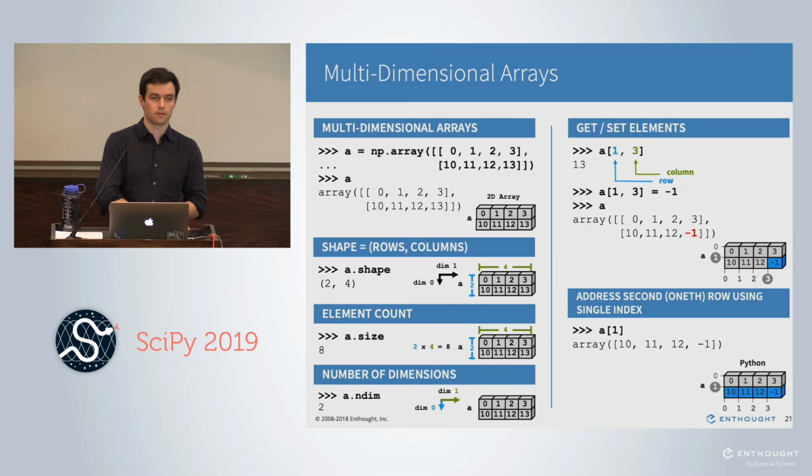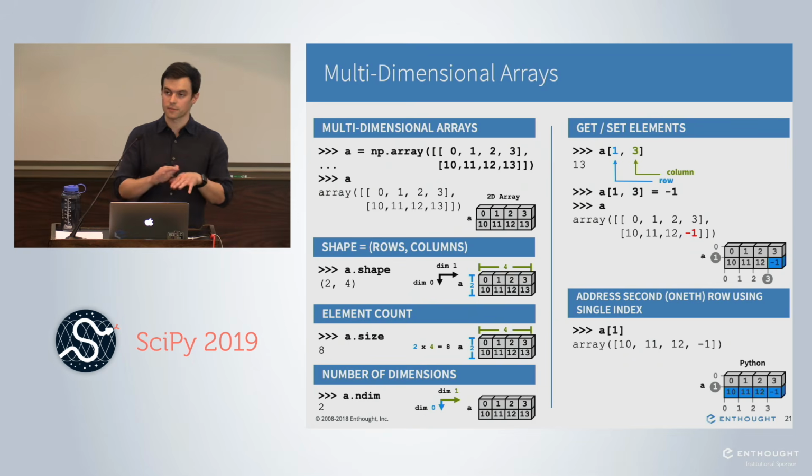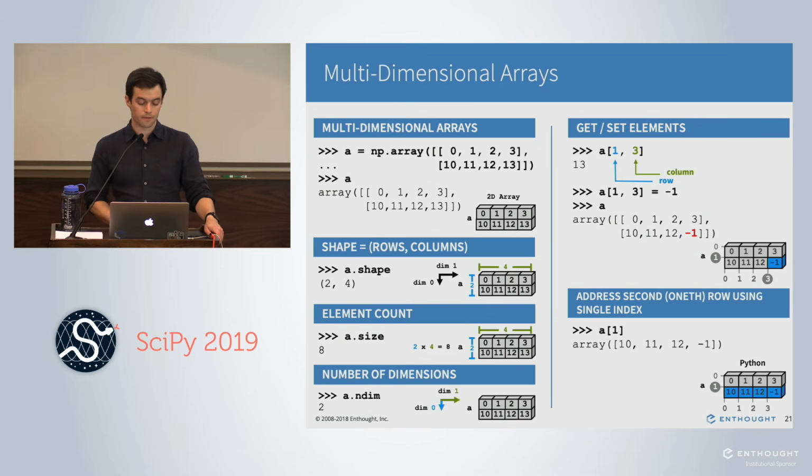All right, so let's now look at what happens if we go into higher dimensions. We go into 2D. What I'm creating here, by typing it by hand, is a two-dimensional array. If I just type the variable name A, NumPy will show me nicely aligned, so all the columns align together, all the rows are together.